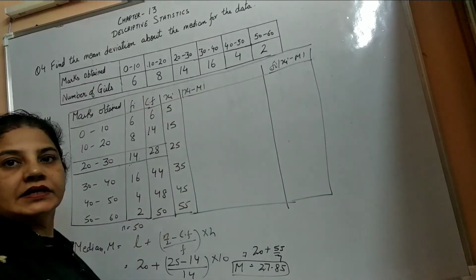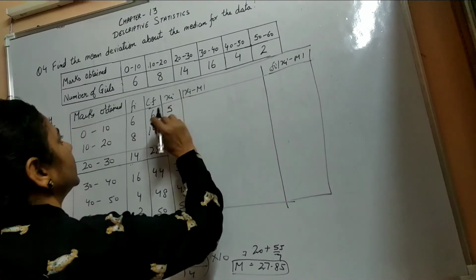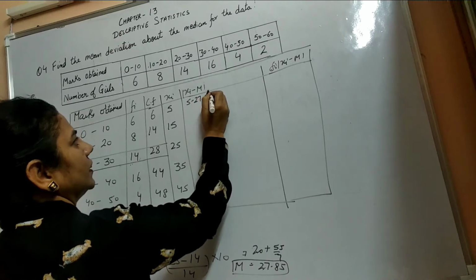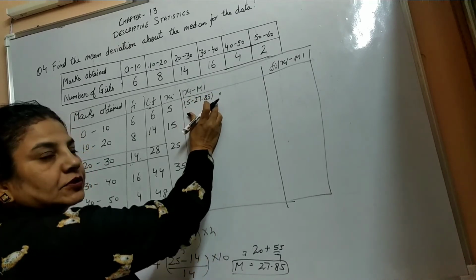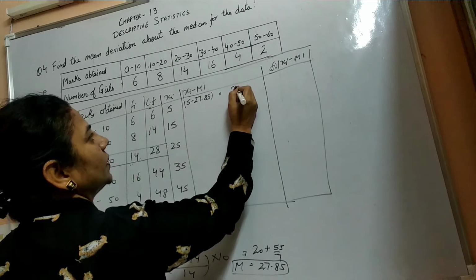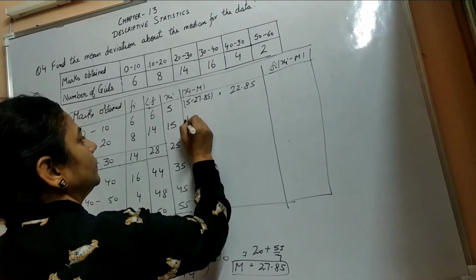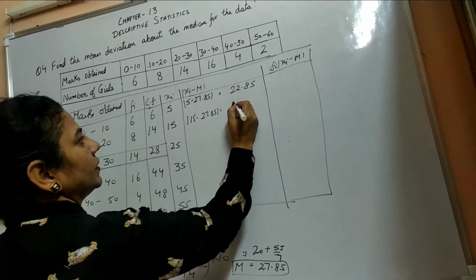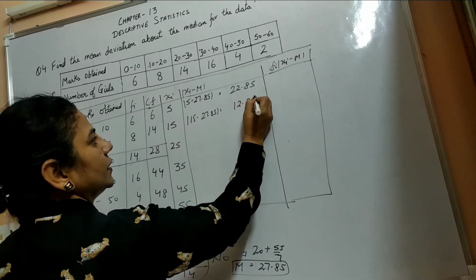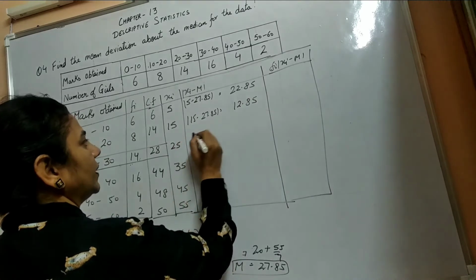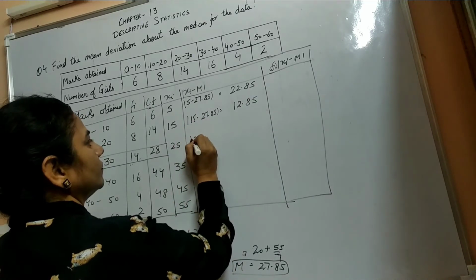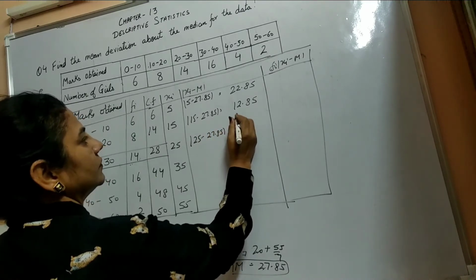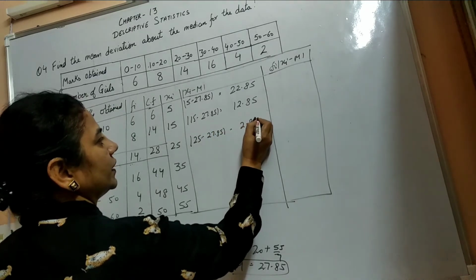Now xi minus median: xi is 5, so 5 minus 27.85, taking the absolute value, gives 22.85. Similarly, 15 minus 27.85 gives 12.85. For 25, 25 minus 27.85 gives 2.85.